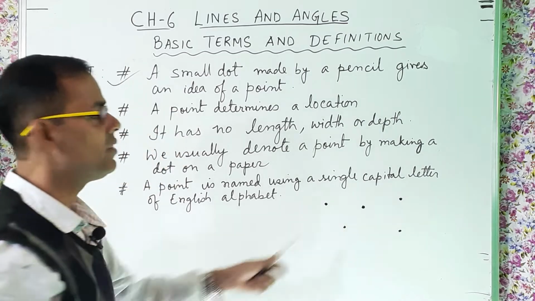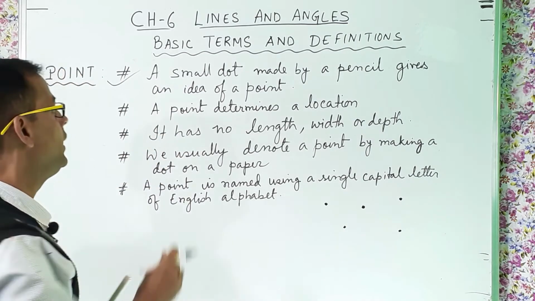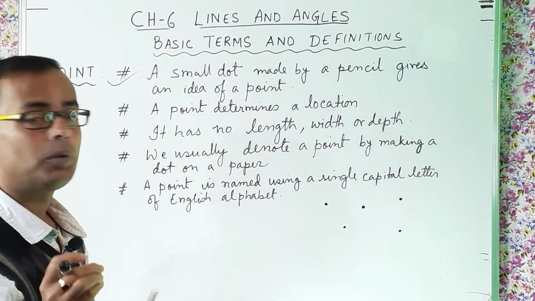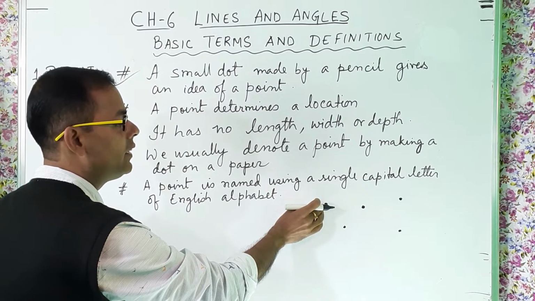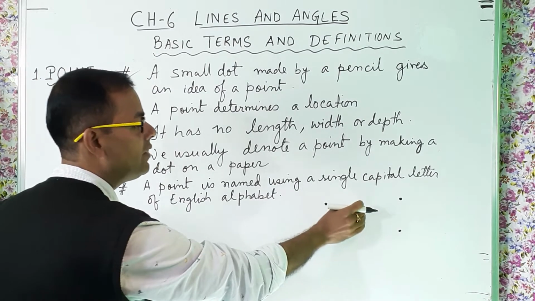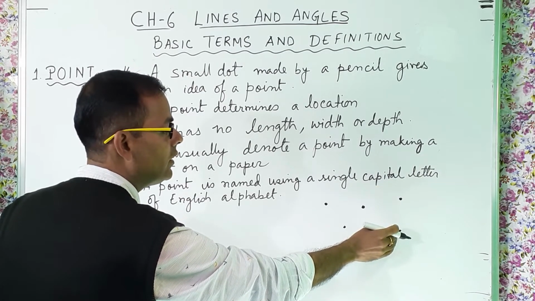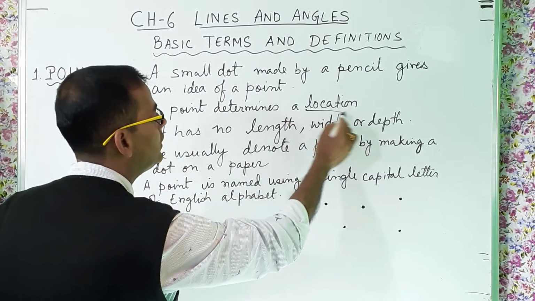You can see several dots I have given. So that is only a point. A point determines the location of a place. So it is determining that the point is located here, in this place, in this place. So it determines the location.